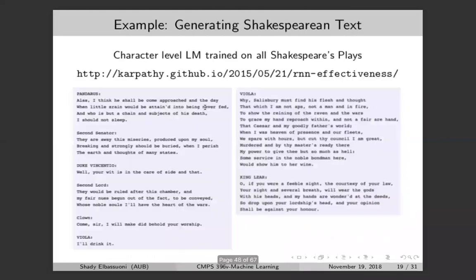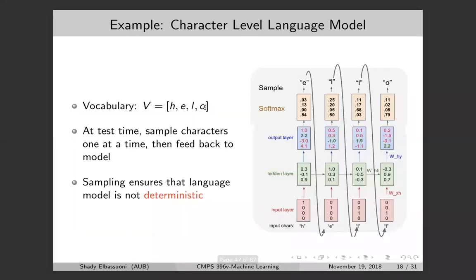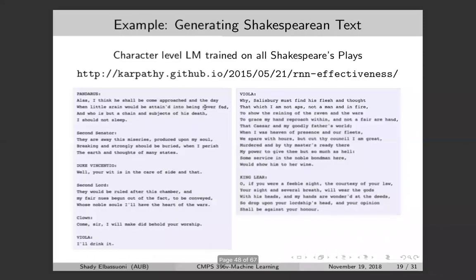So this is more or less character level language models. Let's see an application of it, and I will stop here. You can look at this code. I encourage you to play with it. It's really cool. You can just download the code, the notebook, and see what they have done.